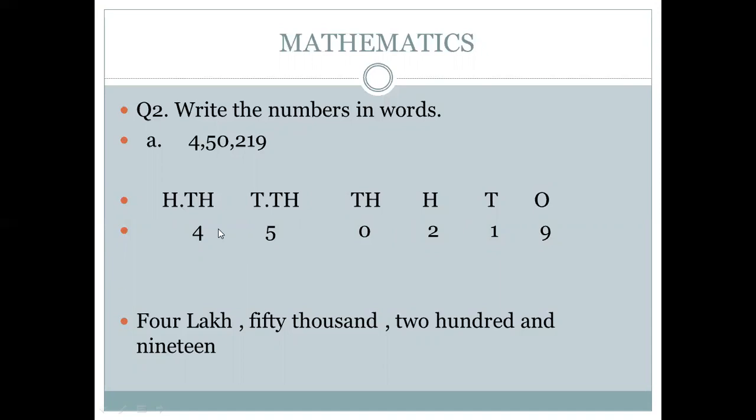Now when we start writing in words: 4 lakh 50,219. See how easy it is? When you already put ones, tens, hundreds, and make the table, then it will be easy for you to write in words.